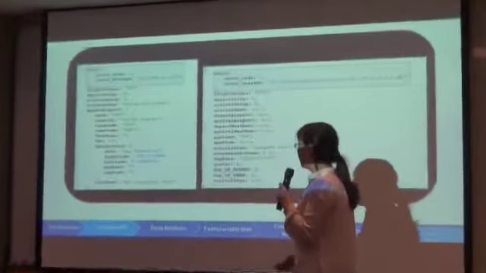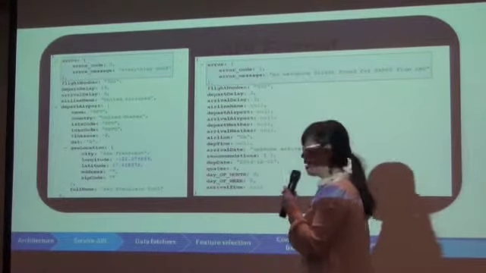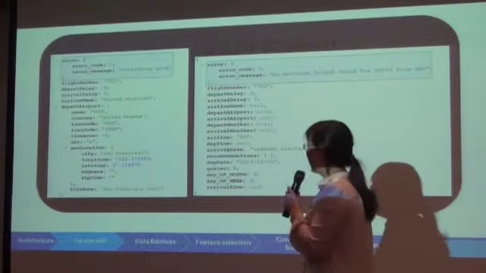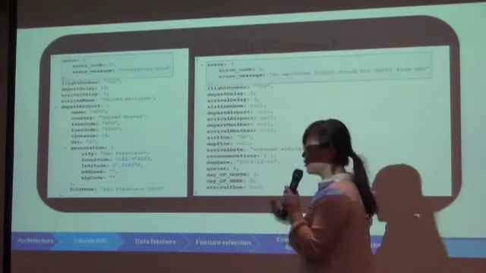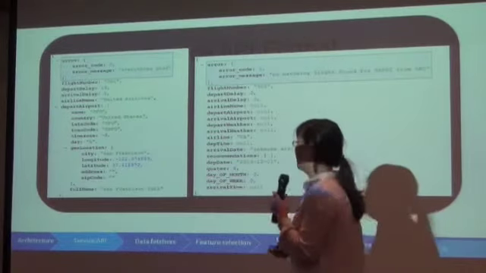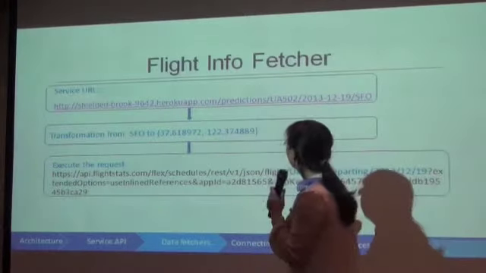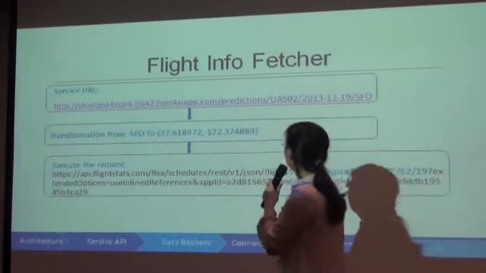So in case the flight API is not working well, it might not give a good response. So in that case, we will show on the Android app the error message, so as to guarantee that the app will not crash. And next, I will talk about the three features.